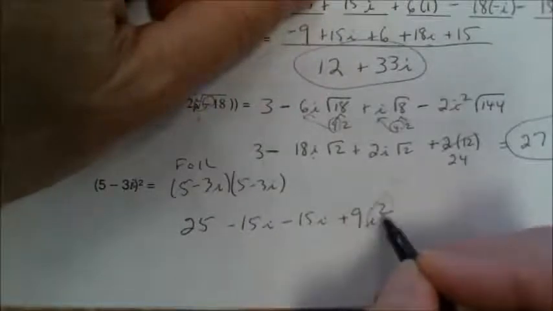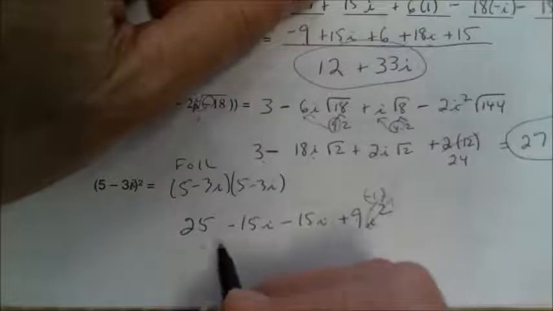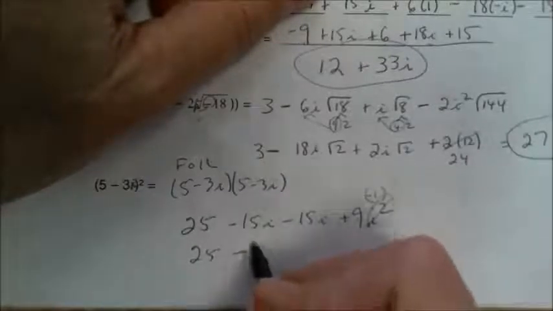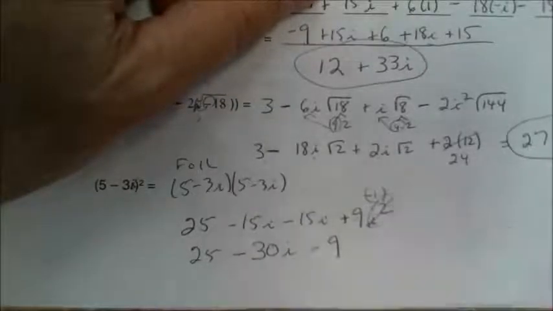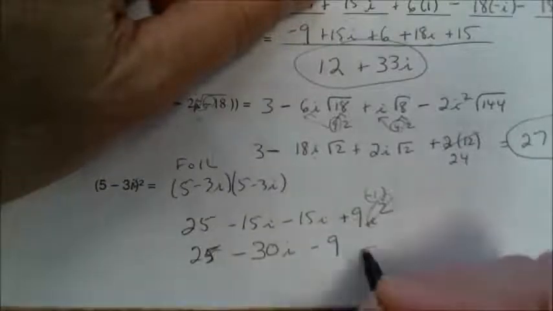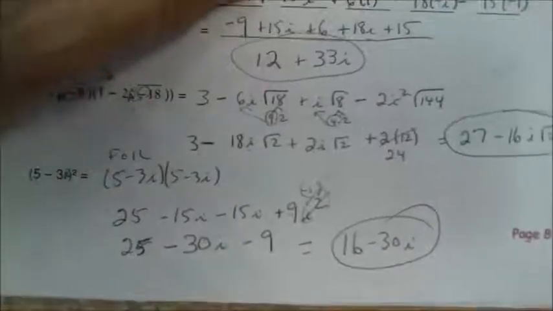Remember, i squared is negative 1, so this becomes a negative 9. So we have 25, negative 15 and negative 15 is negative 30, and 9 times negative 1 is negative 9. 25 minus 9 is 16, so we have 16 minus 30i for the final answer of that one.